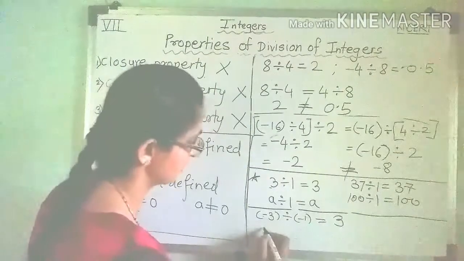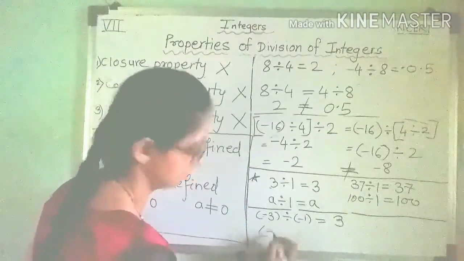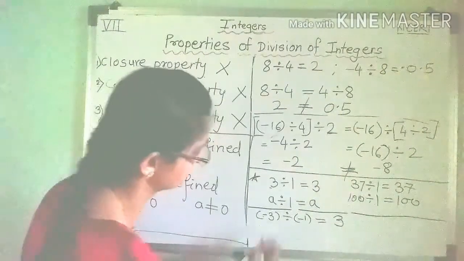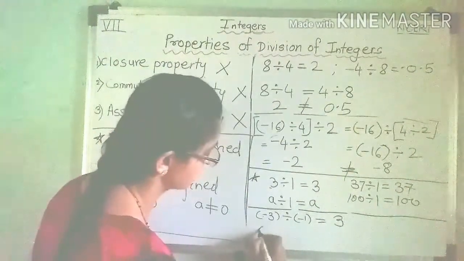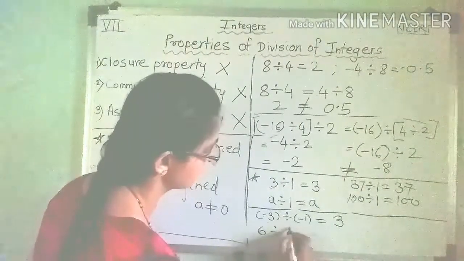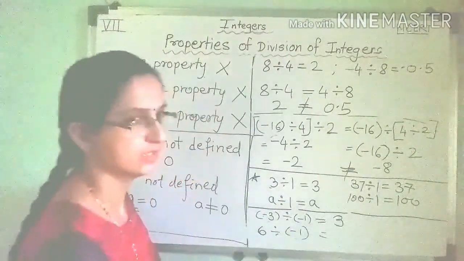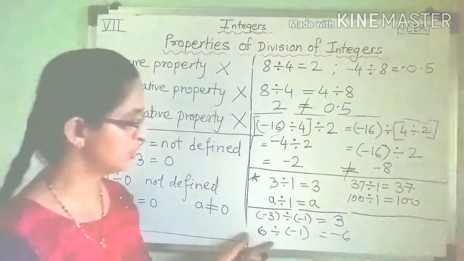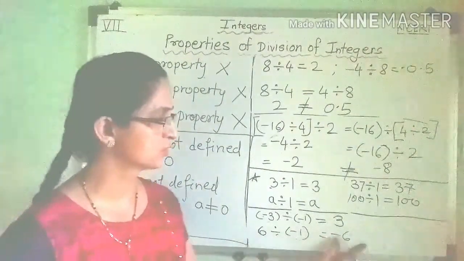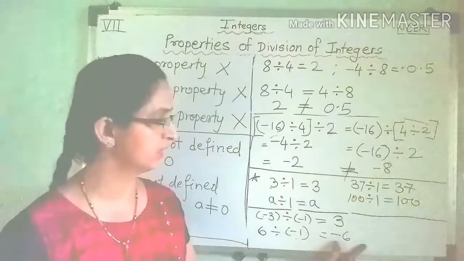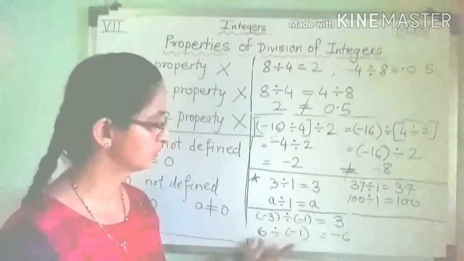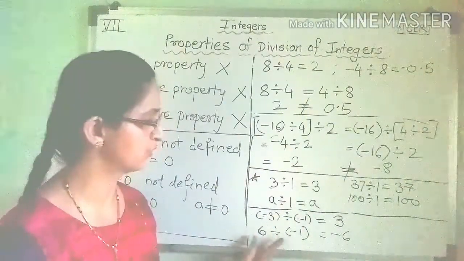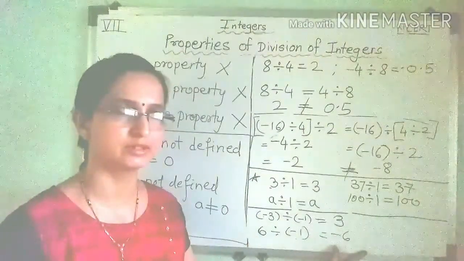So both are not the same. One more example we will take. 6 divided by -1. Here quotient is -6. One positive integer, one negative integer. So the quotient is a negative integer. So quotient is not the same as the number.